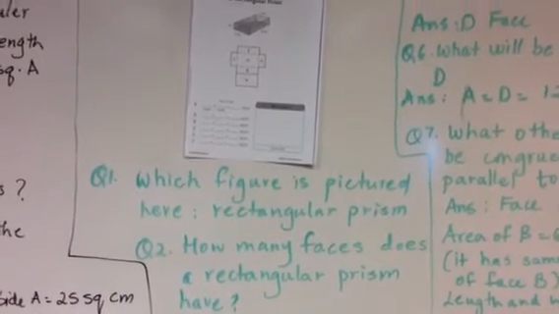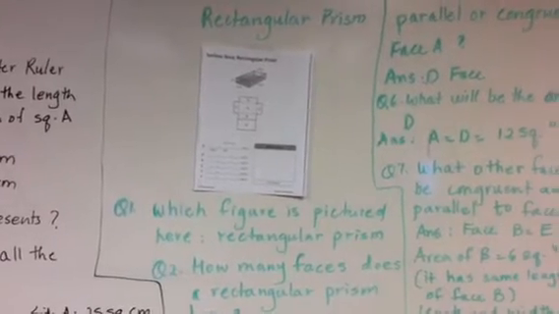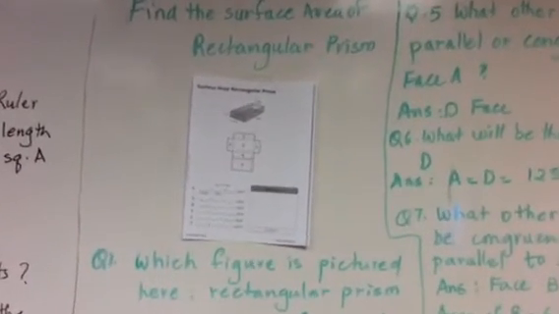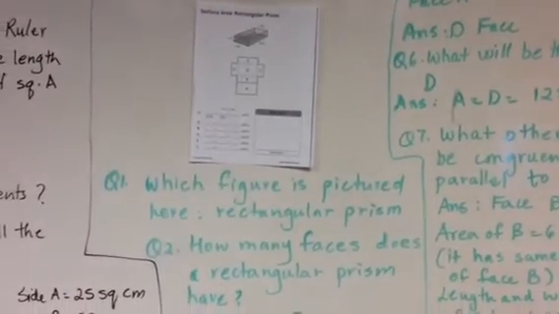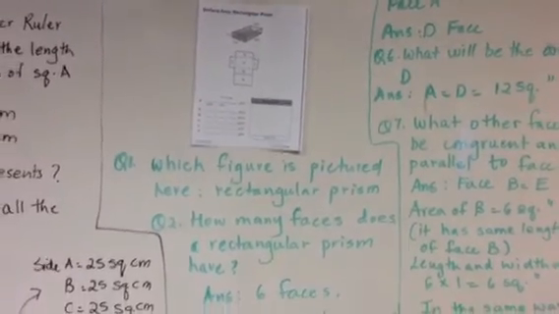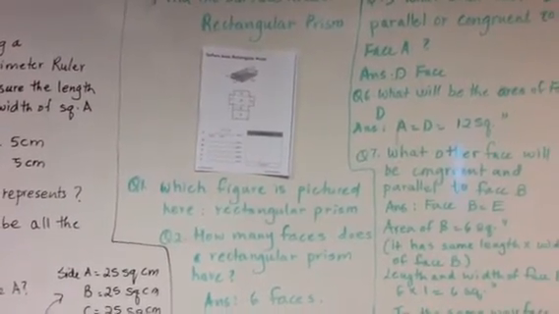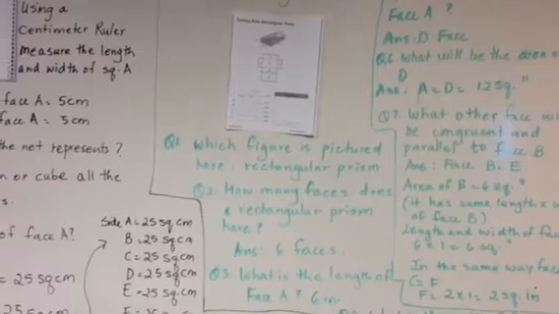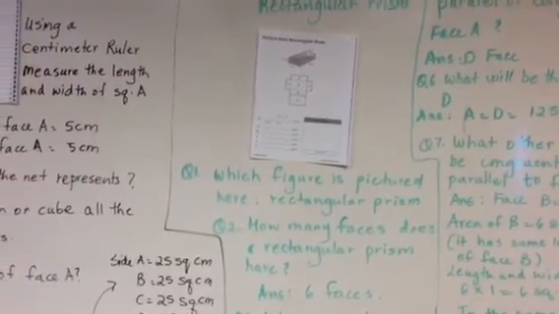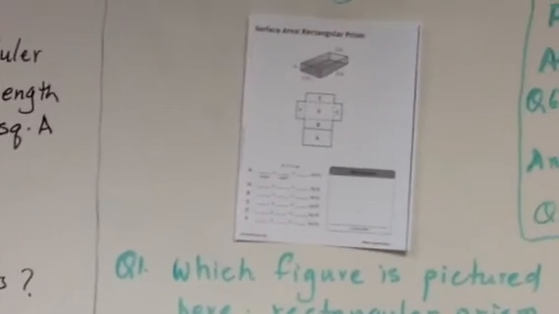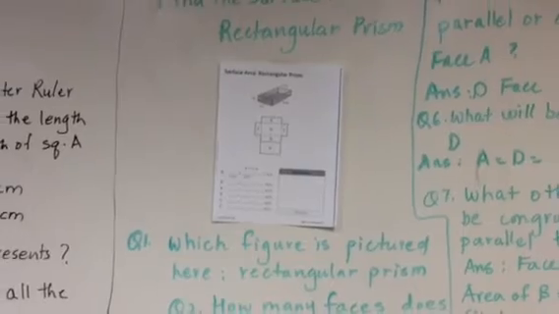Which figure is pictured here? It's a rectangular prism. How many faces does a rectangular prism have? It has 6 faces, and that's what we've been learning the last 2 days. What is the length of face A? It is 6 inches, okay?